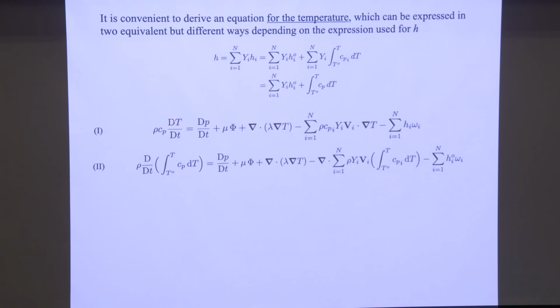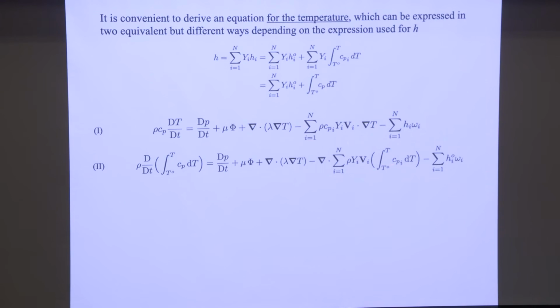Note that the first one is expressed directly in terms of the temperature. All the terms are as before. This term is due to the diffusion fluxes, the heat fluxes. And note that the last term, which is related, as we will see more specifically, to the heat of combustion, is expressed as the enthalpy of species i times the molecular weight of species i. The second version involves the integral of cp, which is the cp of the mixture.